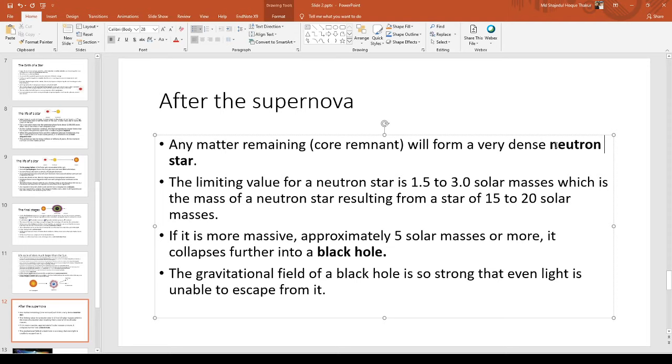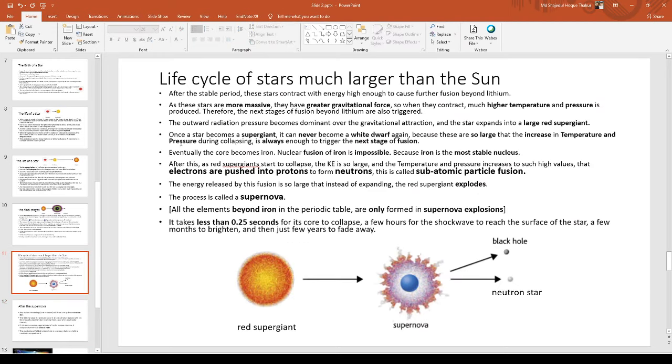A massive star cannot directly become a supernova. No. For a supernova to occur, the core of the star must become iron. Because until the core becomes iron, there is always enough energy, temperature and pressure to trigger the next stage of fusion.